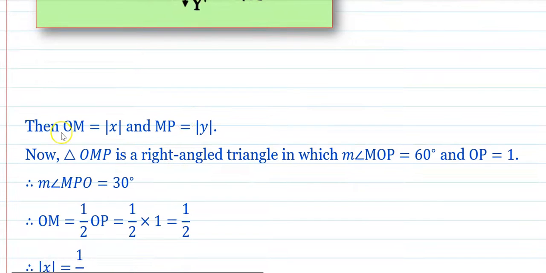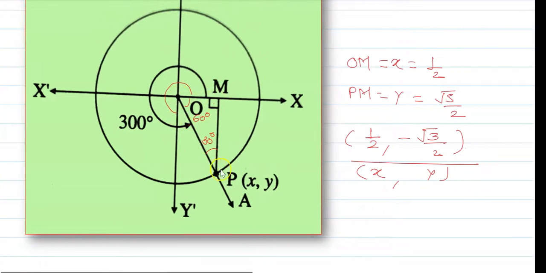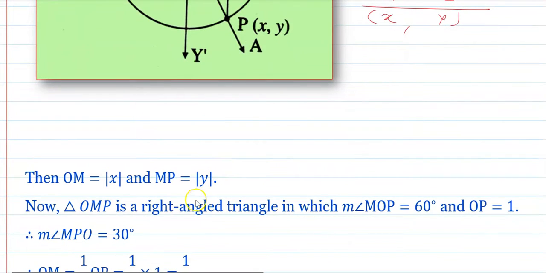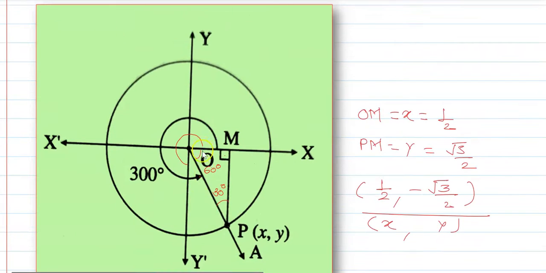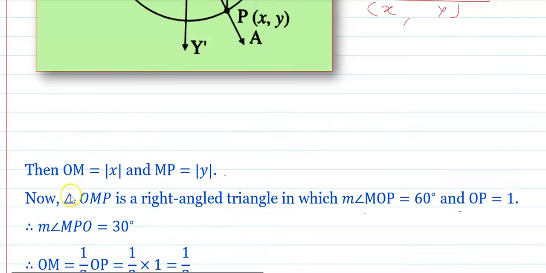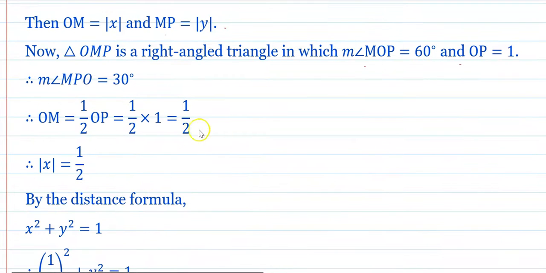Okay, OM is equal to mod of x, and y is equal to MP, which is equal to mod of y. The triangle OMP is a right angle triangle. Okay, the measure of angle MOP is 60, OP is 1. The measure of angle MPO is equal to 30, and MP is 1 upon 2 OP.